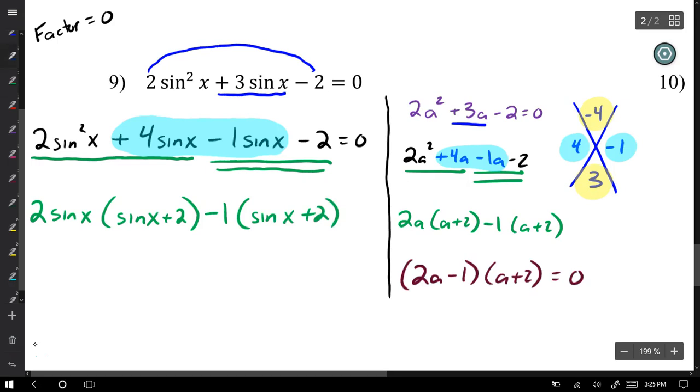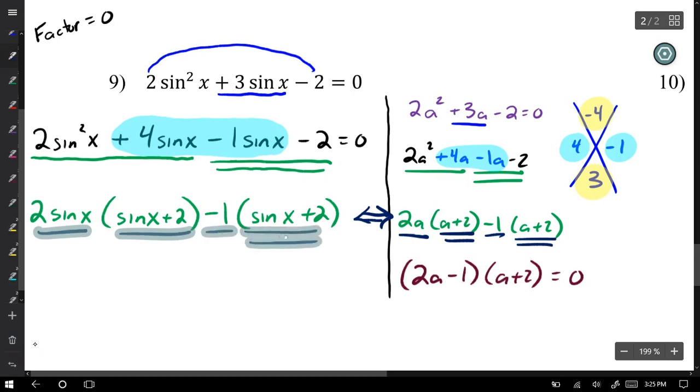And look side to side as we're going. Do we see that our structures are the same as we're moving? Twice an object, twice an object. An object plus 2, an object plus 2. Minus 1, minus 1. An object plus 2, an object plus 2. So structurally, they are the same factoring techniques. So that kind of helps me out with the next part.